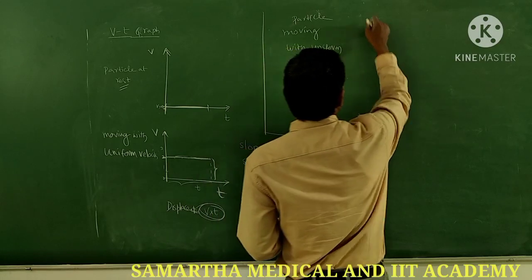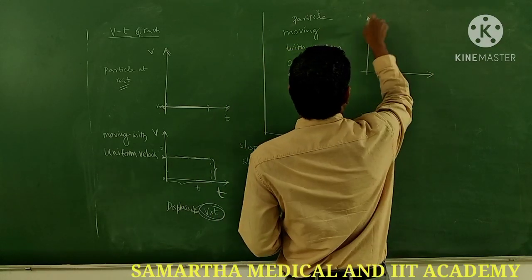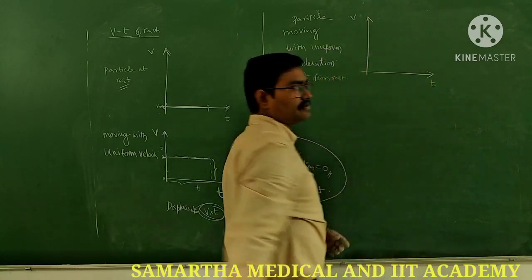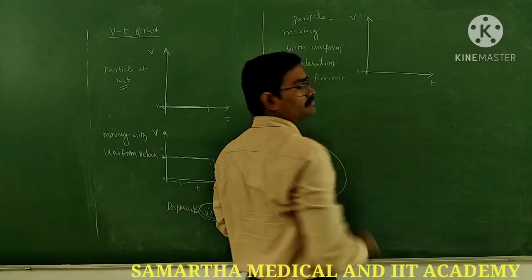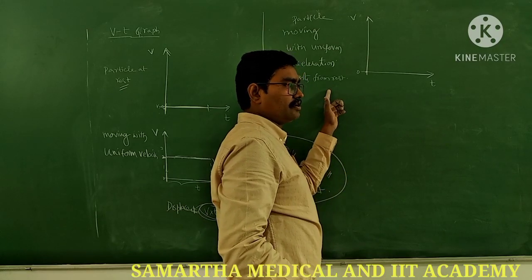Look at this curve, the velocity time graph. The particle starts from rest, so this is 0. Initial velocity is 0. Starts from rest, so from 0 only it starts.